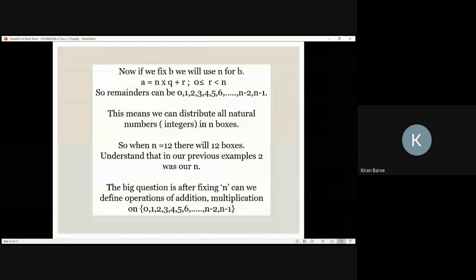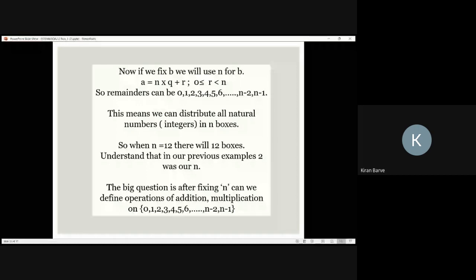Next slide, please. Now you see, I take any number and fix it. I will take a non-zero positive number and fix it. Now every integer will have one of these remainders: 0, 1, 2, up to n minus 1.